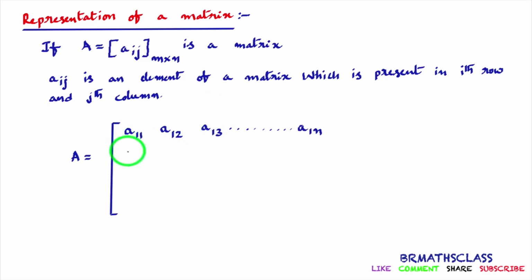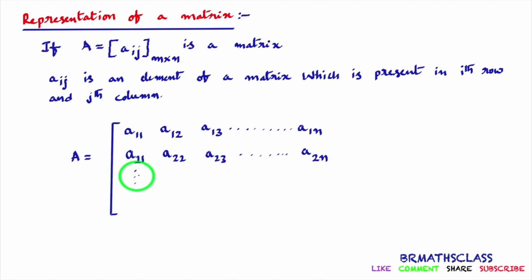Further, this is the second row, first column. This is A21. This is A22, second row, second column. Similarly A23, second row, third column. Like that. What is this? Second row, nth column. This is A2n.